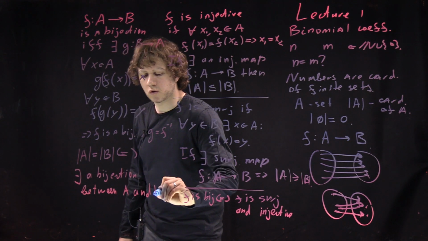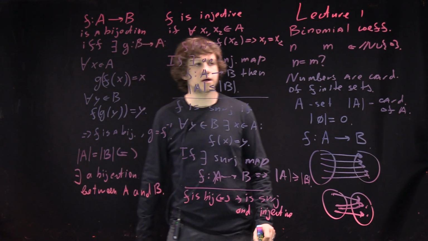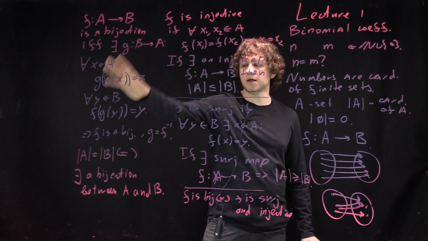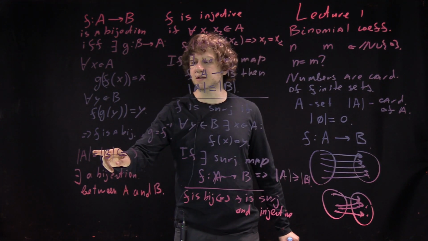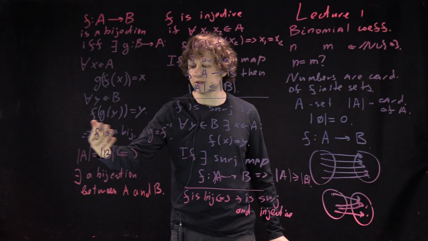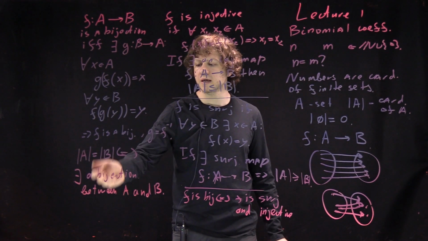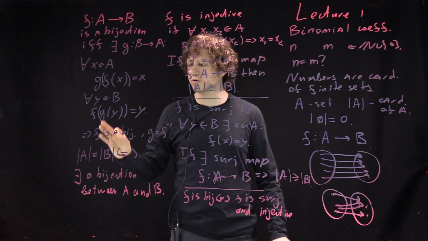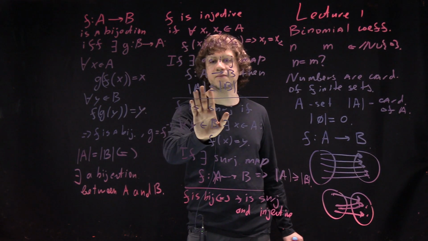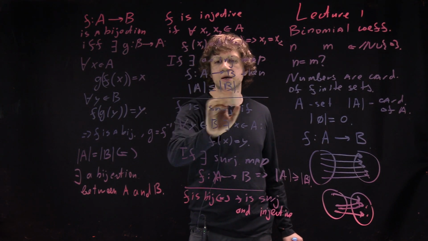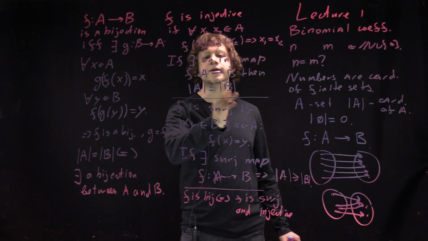So I will talk about finite sets here, but honestly everything makes sense here for infinite sets, and you can even define these cardinalities as basically classes of equivalence of bijective sets, but you should be slightly careful here with set theory. And then indeed, if you have an injective map, then you can say that cardinality is less or equal.